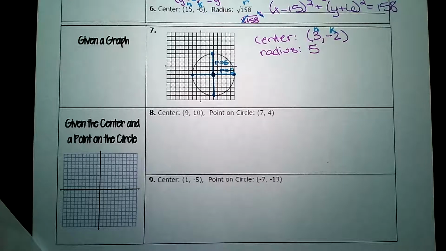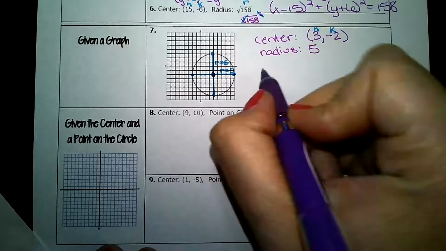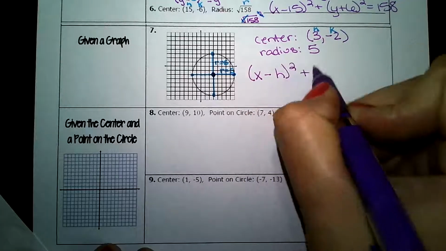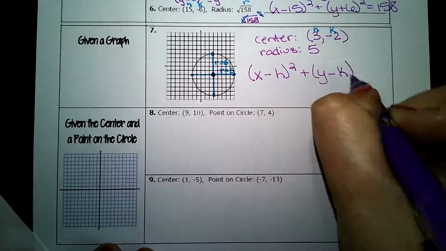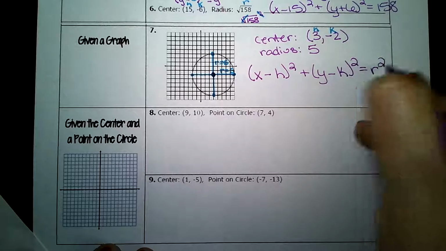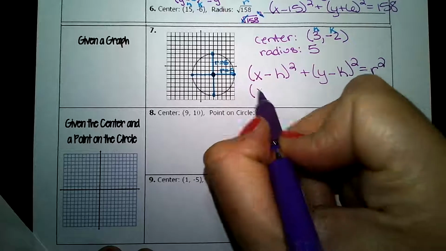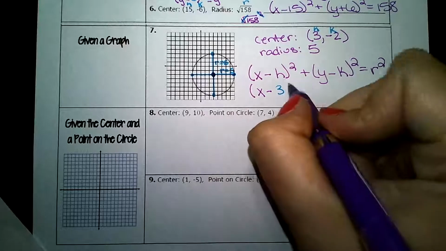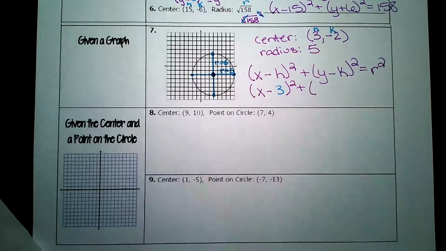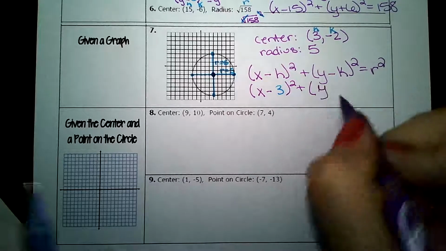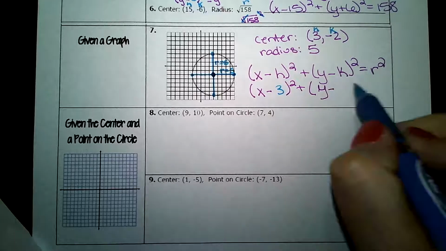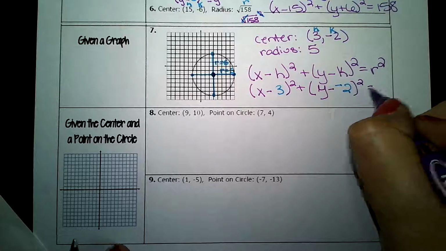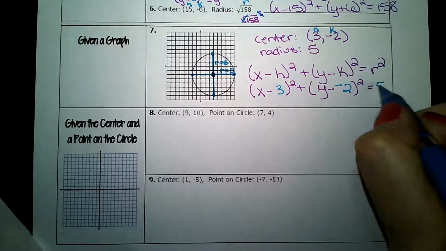Now I can piece together the equation of this circle. X minus h squared plus y minus k squared equals r squared. Here, the h value is a positive 3. The k value is a -2, so that's going to leave me with minus a negative, and the radius is 5.